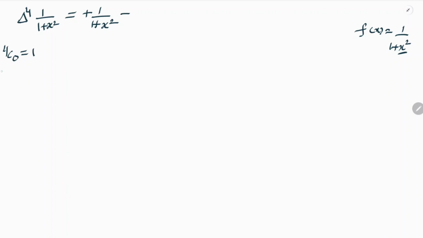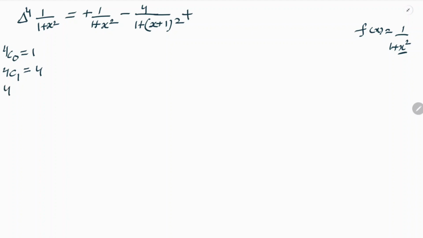Then negative. Then we have to calculate 4C1. 4C1 will be 4. So we will get 4 upon. Now we have to increase 1 in the place of x. So we have to add 1 on the x and take 2, power 2. Then using alternating sign, we will get plus here.